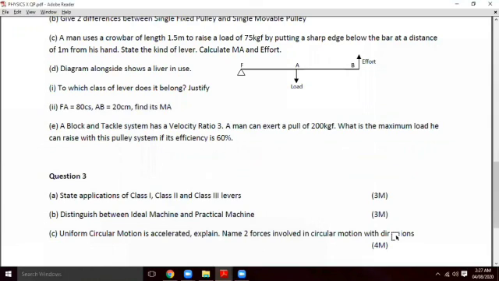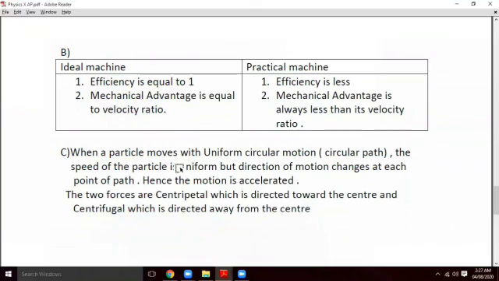Talking about the first part of the question, we say when a particle moves with uniform circular motion, the speed of the particle remains uniform, but as discussed, the direction of motion changes at each point on the path. Hence, the motion is said to be accelerated. I repeat, since the direction is changing, hence we say the motion is accelerated. If you've written this as your answer in the initial part, please award yourself with 2 full marks.